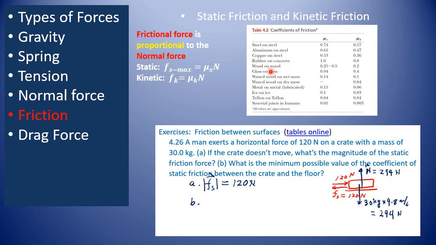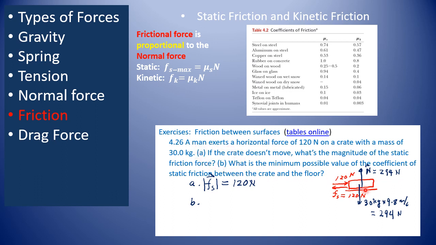These measurements are supposed to be given, right? And that's true. But here it says, what is the minimum possible value of the coefficient of static friction between these? So this is a kind of tricky question, and I have to use information from above.